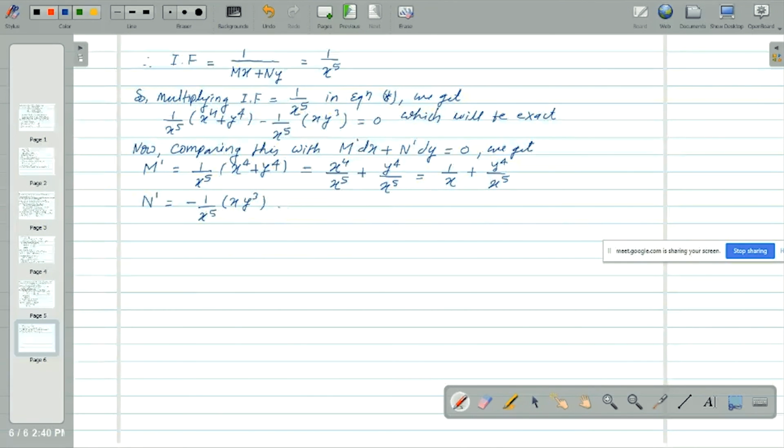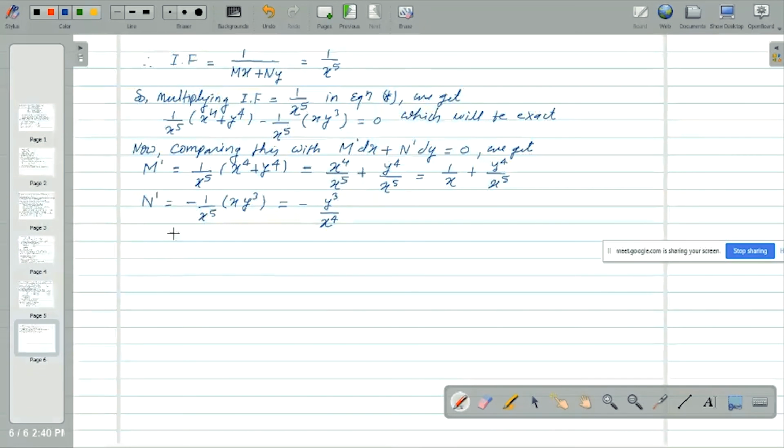Now n dash becomes negative of x and x cancel, this becomes minus y raised to 3, y cube by x raised to 4.